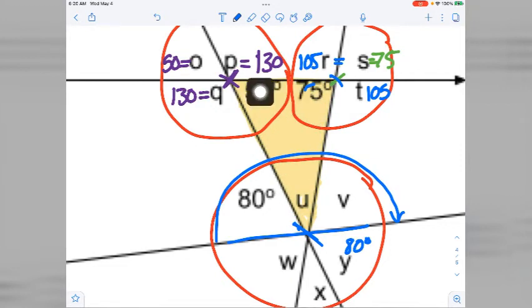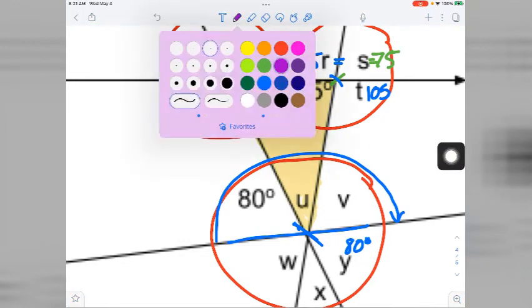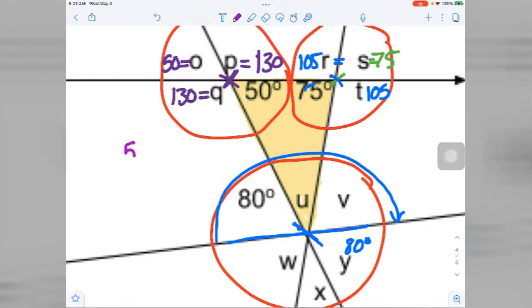But I do have this piece of information. I know this is a triangle, and so 50 plus 75 plus U is going to total 180 degrees as well.